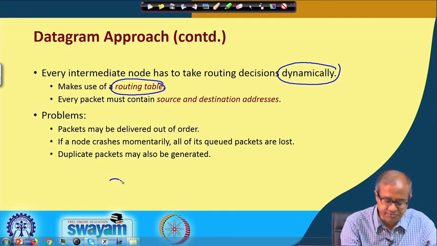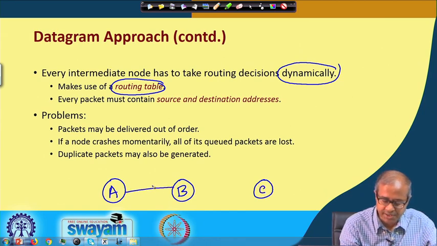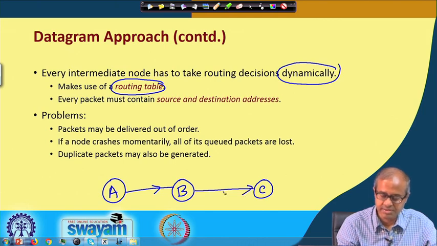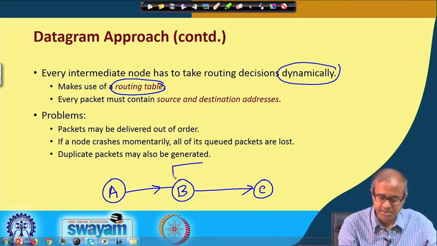Think of a scenario where there is a node A, a node B, and a node C. You are sending data from node A to node B and then from node B to node C. Now, this node B will have a table that it maintains.